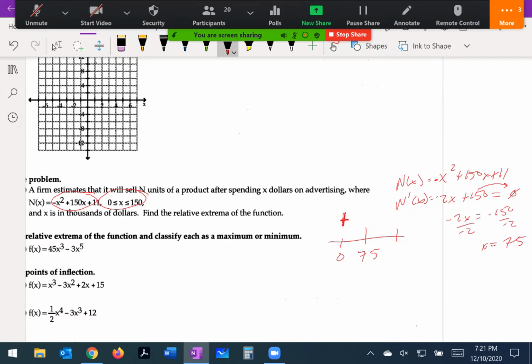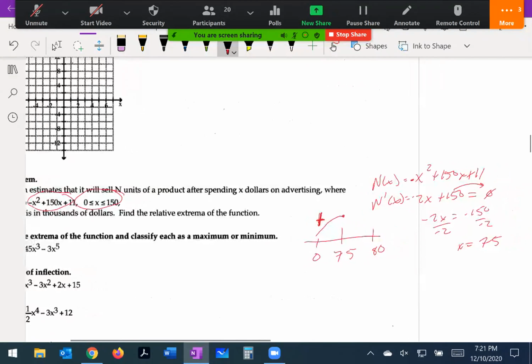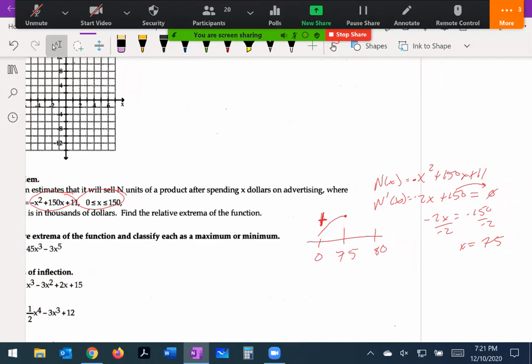Okay, so it's going uphill. And then I have my critical value. Let's see what happens over here. Let's try 80. If I plug 80 into my derivative, negative 2x plus 150, if I plug in 0, I get 150, which is positive.